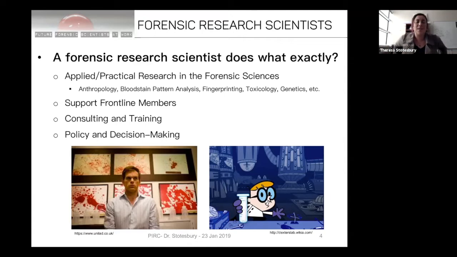Some forensic research scientists aren't housed in academia, and they support frontline members in forensic science, whether at a police agency or helping our civilian members out. Really what we're doing is supporting people who have research questions. Maybe their chemicals aren't working at a scene. How can we help with that? Or maybe we're trying to find new ways to improve evidence detection or chemical enhancement of fingerprints, things like that.